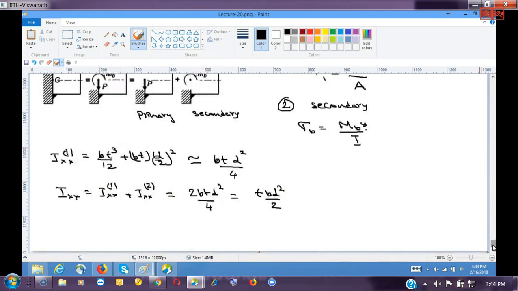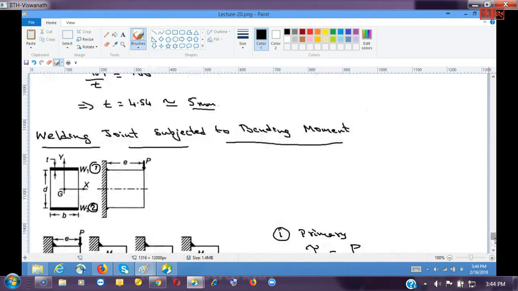So with this, we use this Ixx here, and Y is the farthest distance. In this case, Y is this distance, so Y is equal to d by 2.